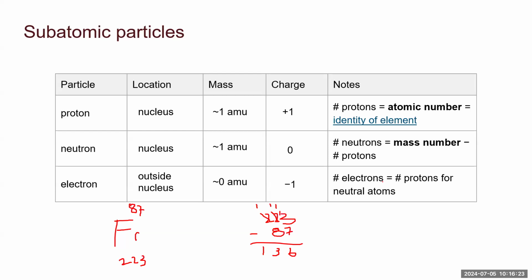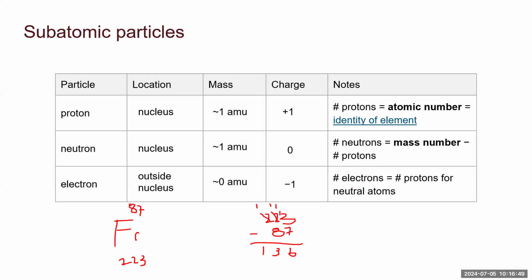Well, it means the number of positive charges and negative charges are equal to one another. They cancel one another out effectively. So if I said a neutral atom of cesium, Cs, has 55 protons, how many electrons does a neutral atom of cesium have? 55.